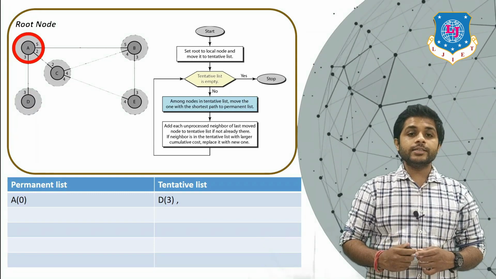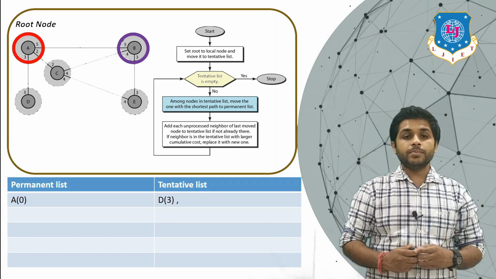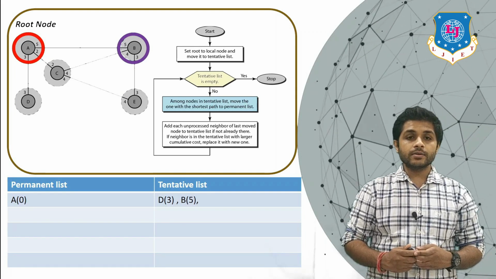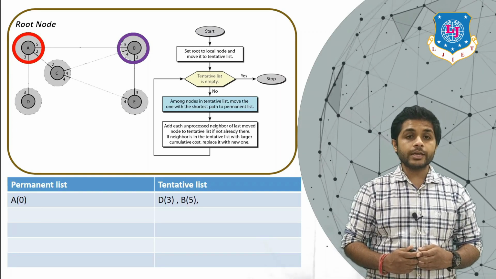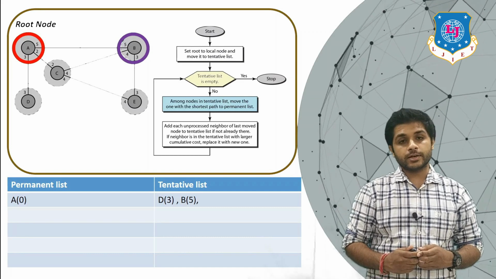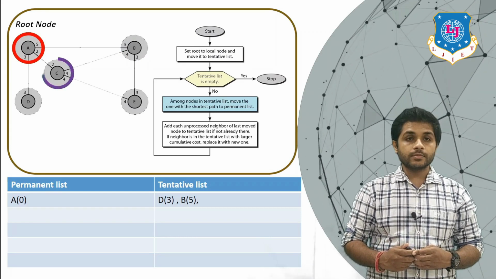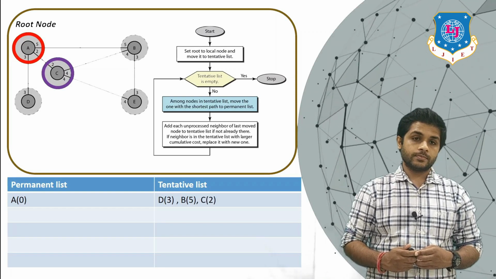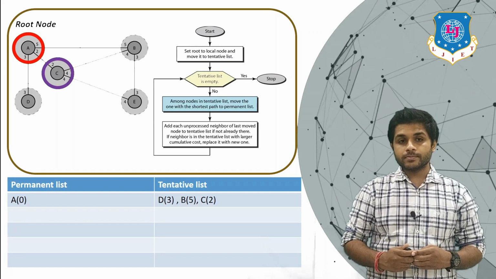The next adjacent node is B and we will add B to tentative list. Now what will be the value in the bracket? B5, because distance from A to B is 5, so B5 is added. And the last adjacent node, which is C, it will be added into tentative list. So the first step is completed.